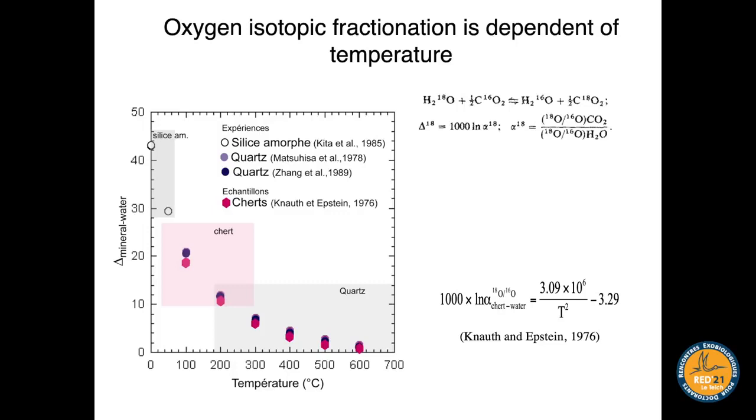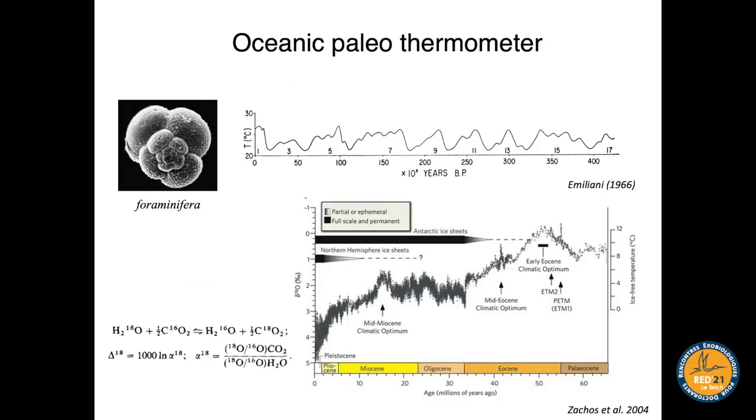And here you can see the evolution of the temperature, and this curve is drawing the fractionation between the minerals. So here is some quartz phases and the water. So if we know the composition of the mineral phase, we can estimate the temperature. This is what is done regularly in any kind of paleoclimate studies, from mostly carbonates and mostly from foraminifera that are living organisms in the ocean.